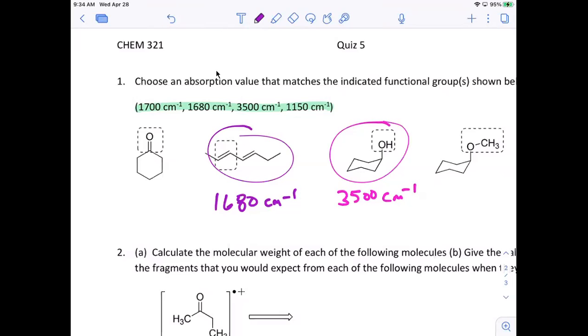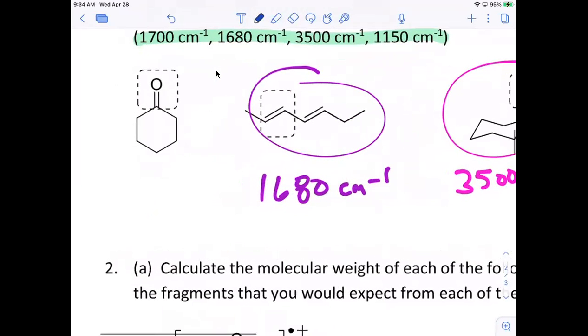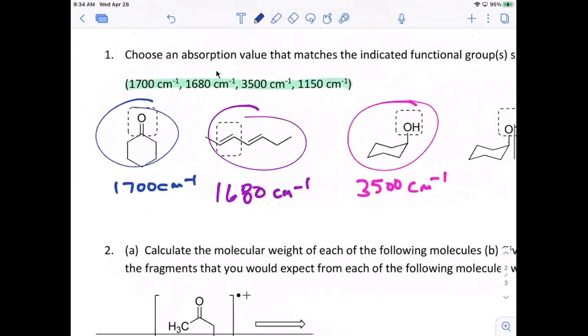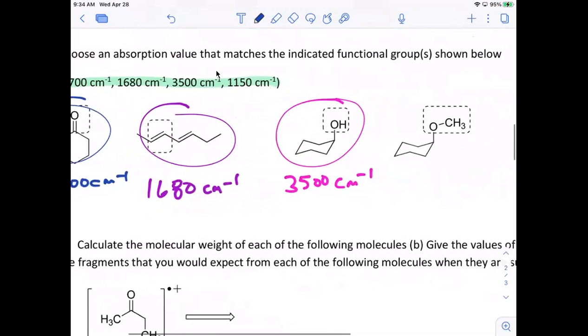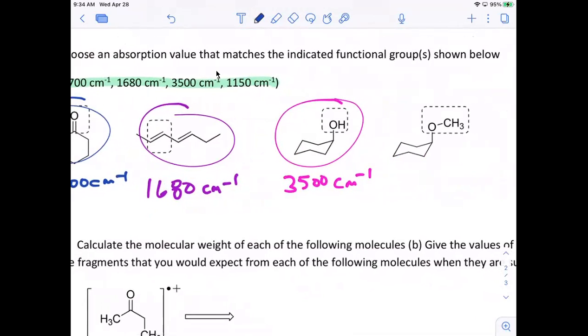So that carbonyl is going to be your stretch at 1700. And then the last stretch is the ether stretch, that CO single bond stretch.